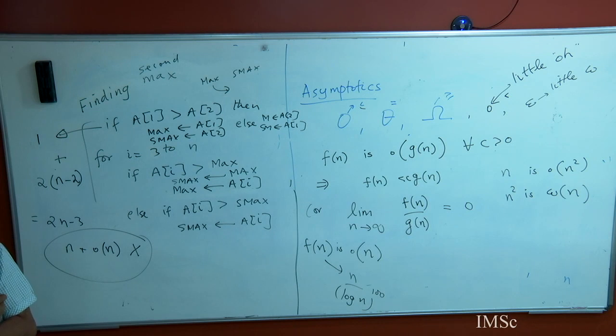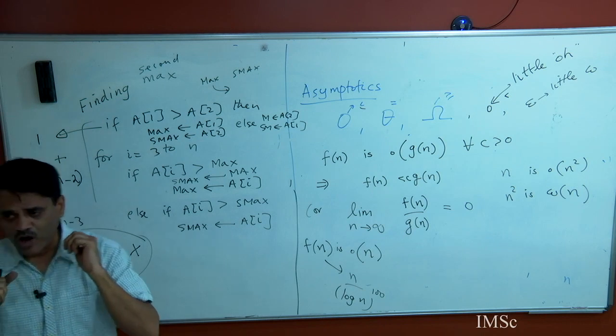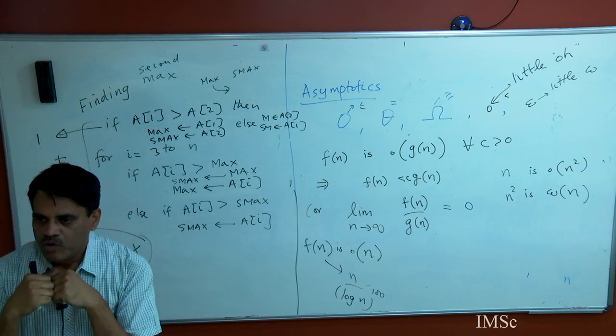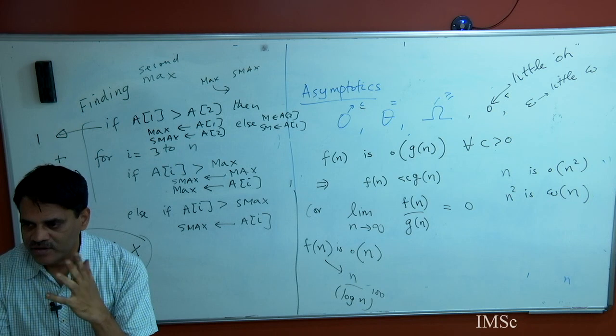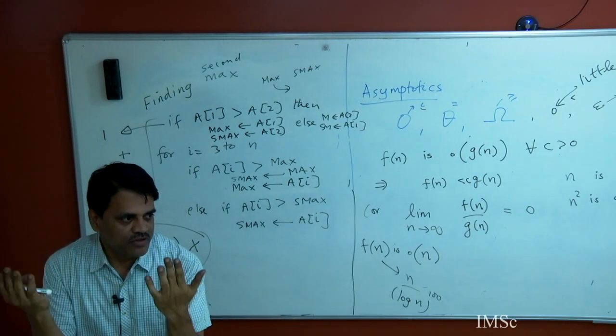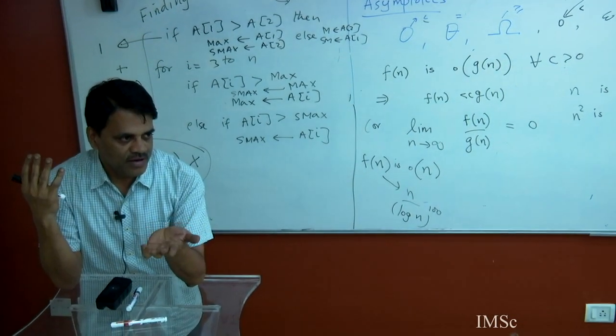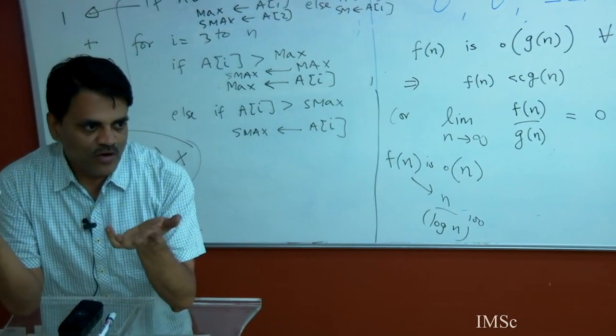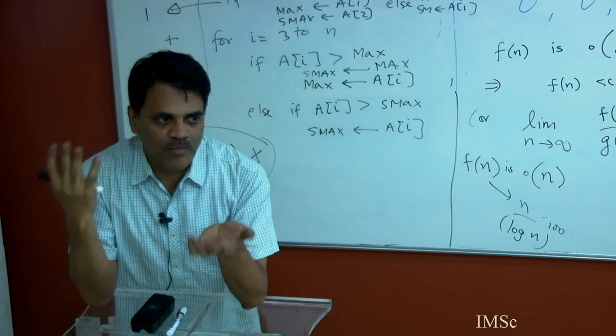Okay. So think of an algorithm which will find the second max. If you go back to the knockout tournament way of finding the max, typically we will declare the loser of the finals as the second max, right? When you run a knockout tournament, it may or may not be.